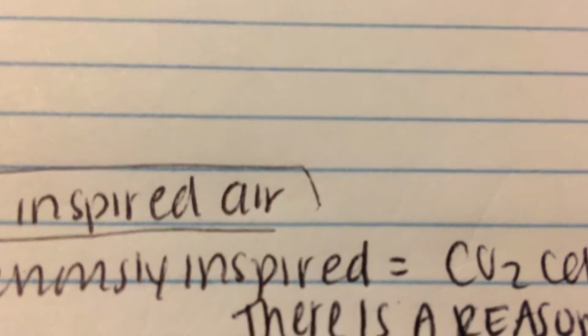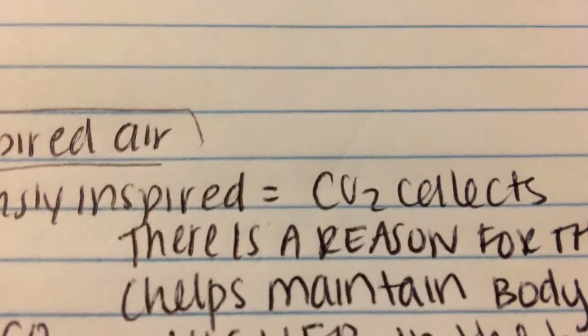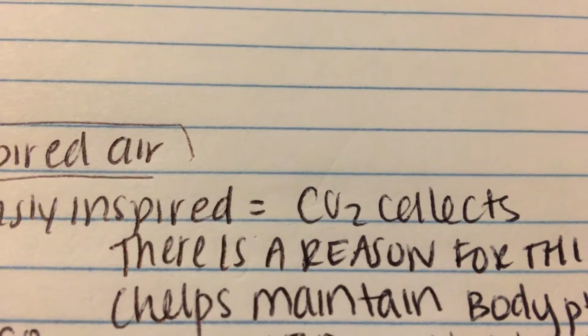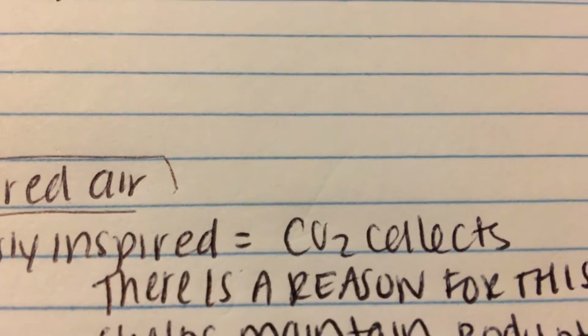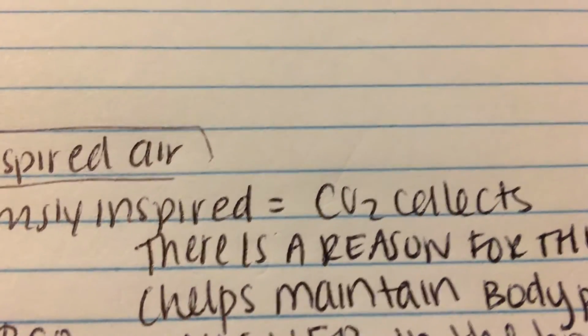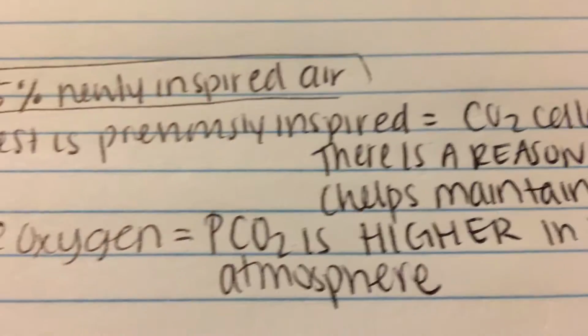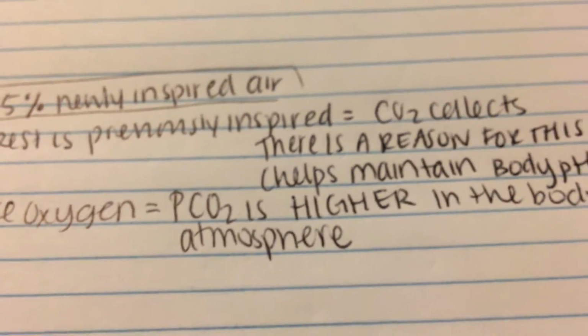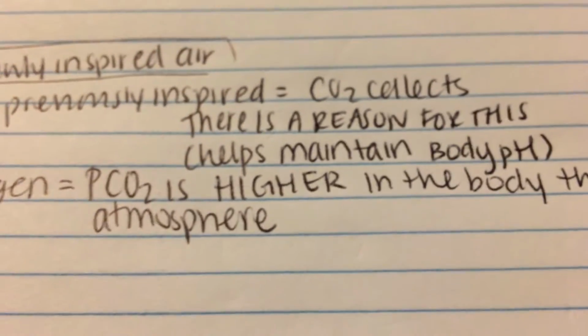And there's a very important reason for this, and it's to help maintain the body's pH. So we'll talk about what it does, and you've probably already talked about this a little bit, but that's why CO2, unlike oxygen, partial pressure of carbon dioxide is higher in the body than in the atmosphere.